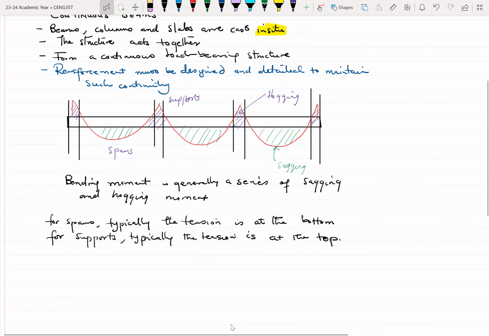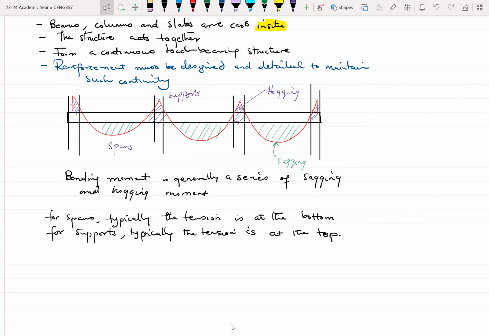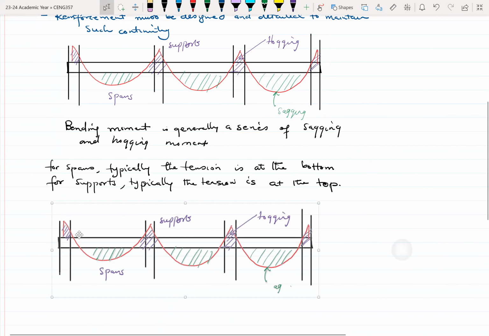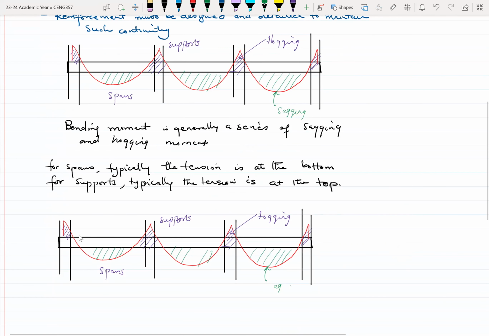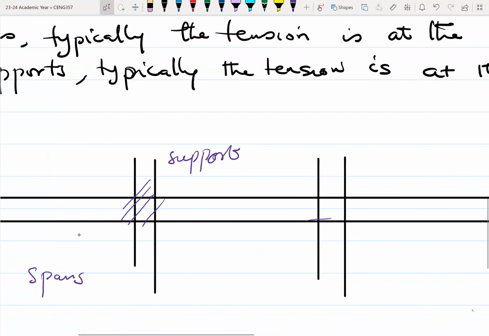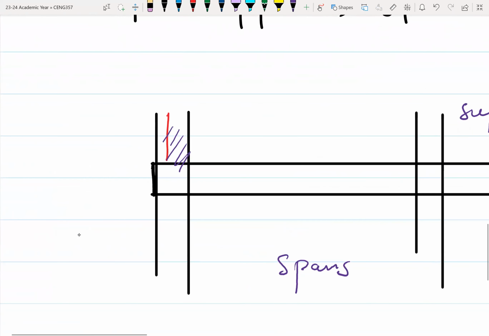All right. So this is what happens. Okay. So again, let me just redraw this, or copy it rather. All right.